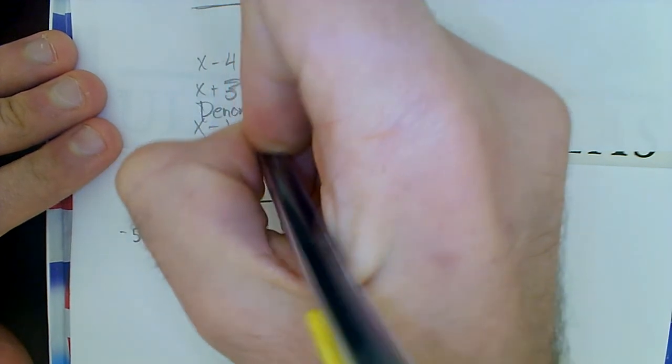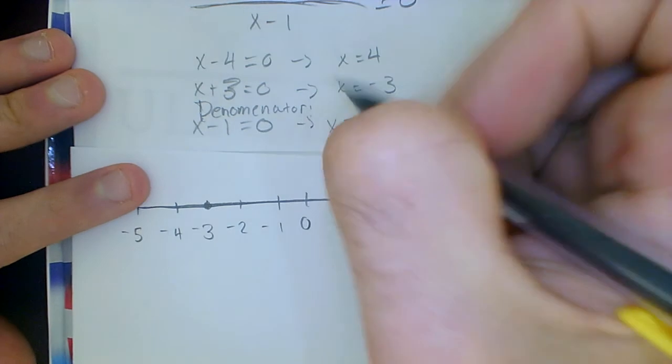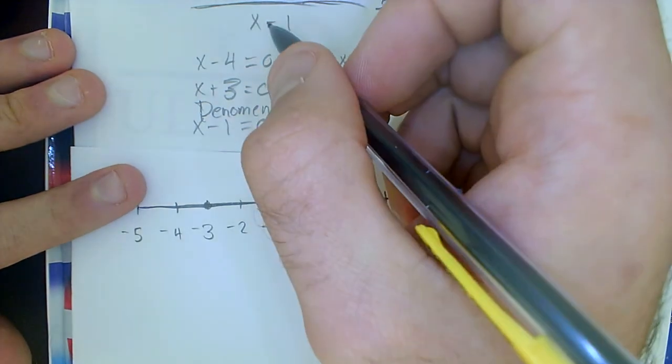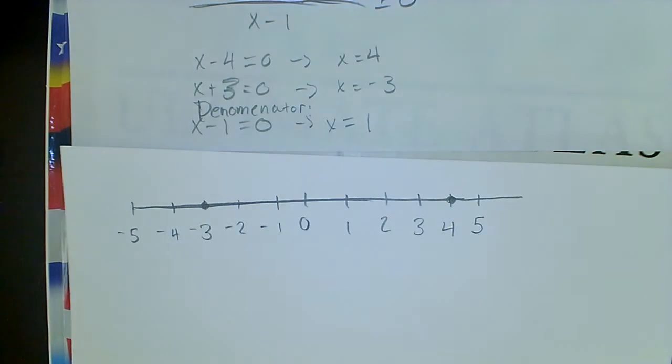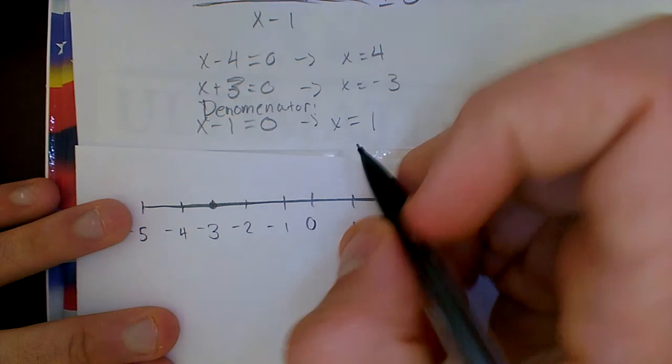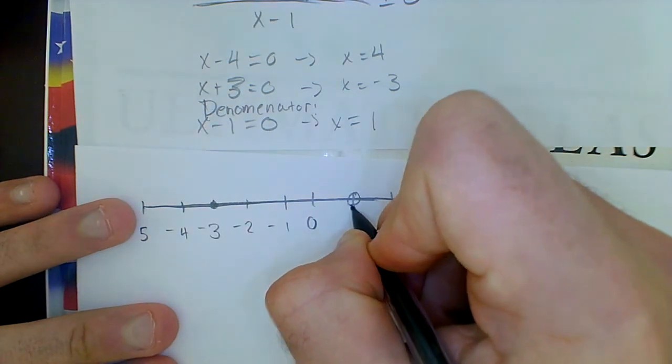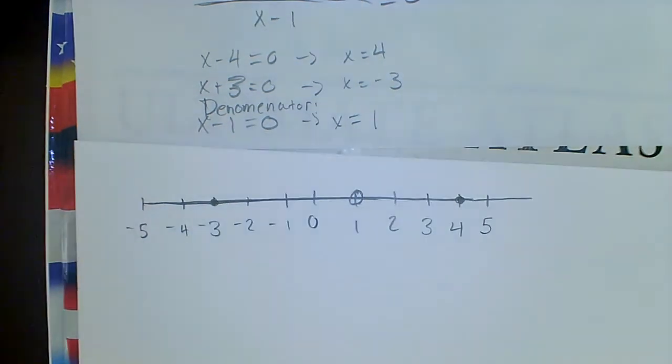And for this one, this is a denominator. So when x is equal to 1, you get 1 minus 1 in the denominator, so you're actually dividing by 0. That one we're going to mark a little differently. That's going to be a circle, which means it's undefined at 1.